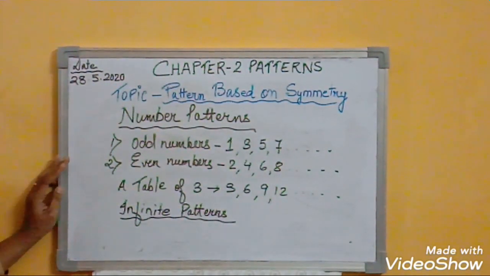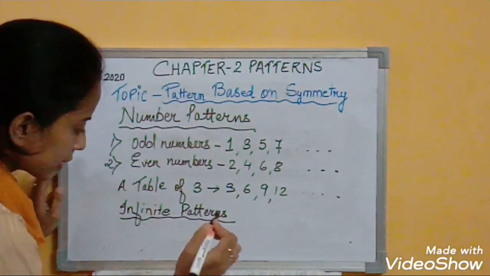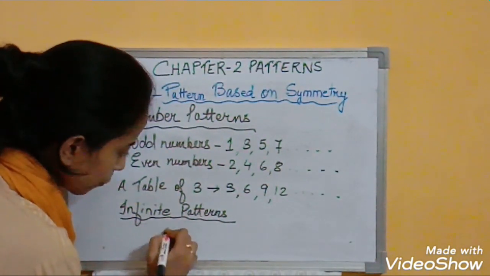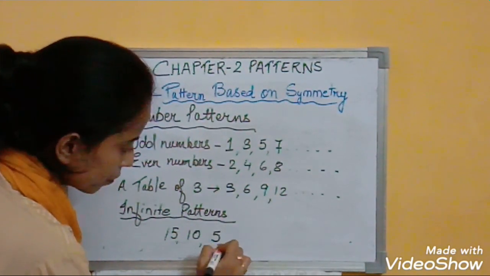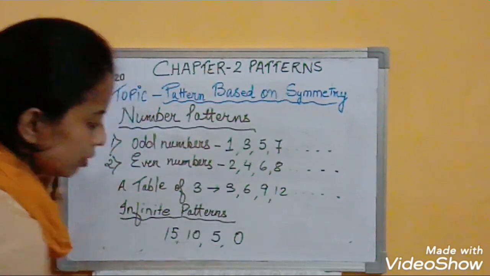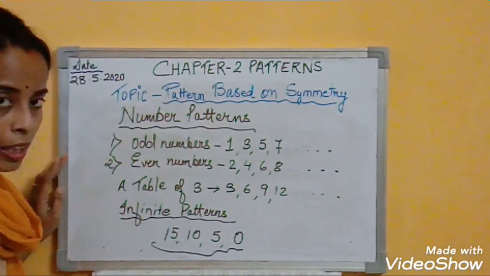Now, the patterns that end after a few terms are called finite patterns. So, let's take an example like 15, 10, 5, then 0. In this sequence, what can you observe?